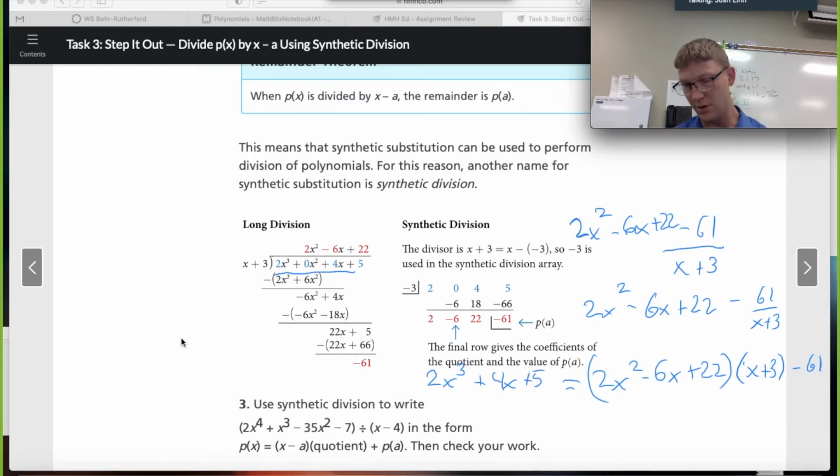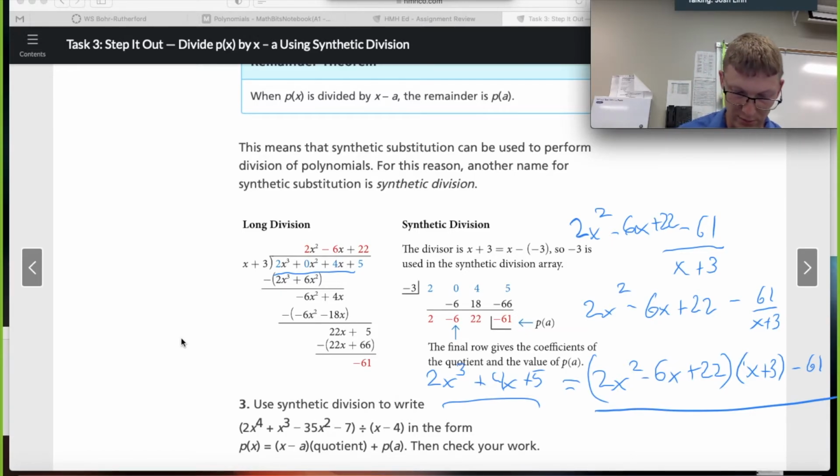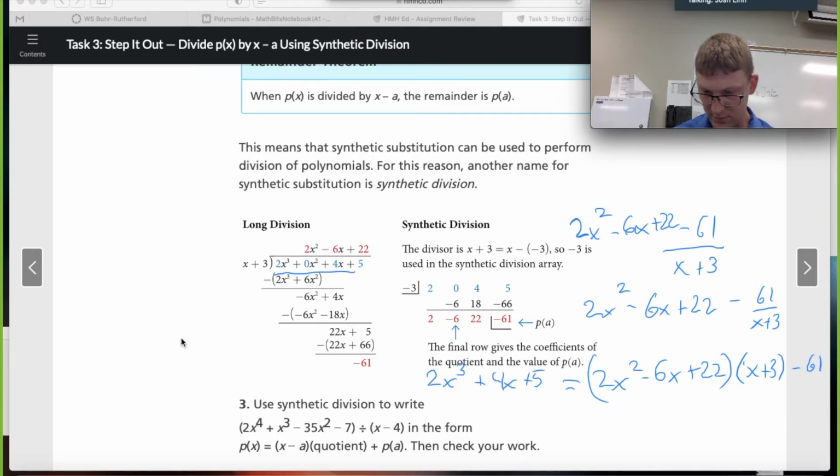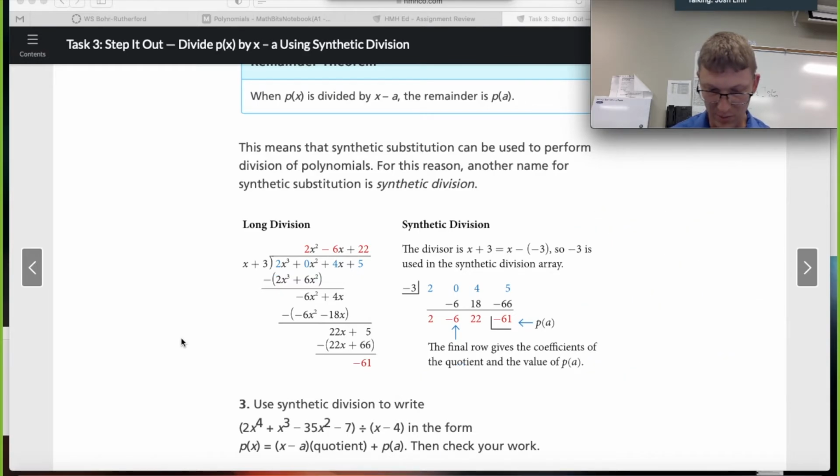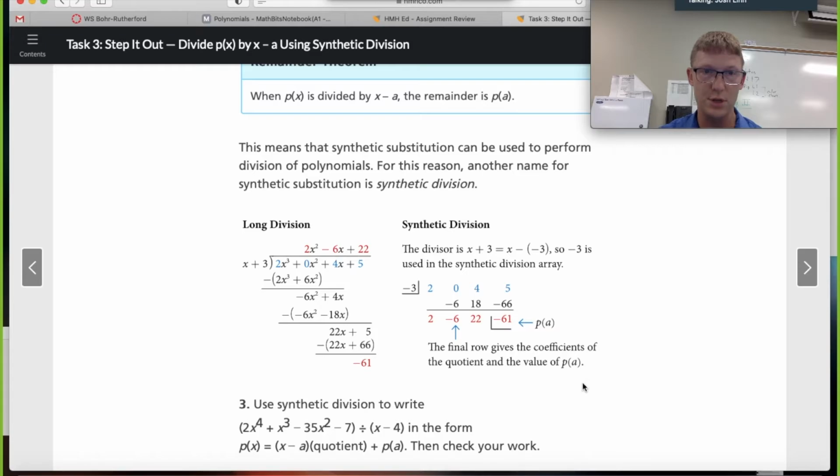And, you know, a little history on the equal sign. These two sides of the equal sign are the same. They are equal. So that's why we can use the equal sign. And that's how you use synthetic division to do the same thing as long division. And of course you can check your work.